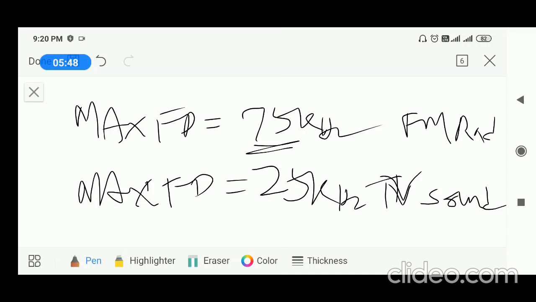So 75 is for FM radio, 25 kHz is for TV sound transmission.